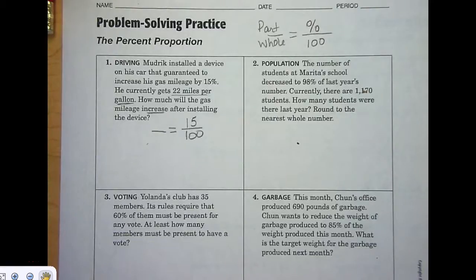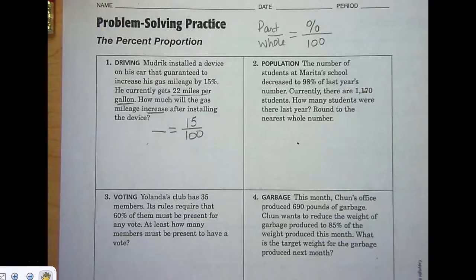Give it a try. The whole is the 22, and we're going to increase. Part of that 22 is going to be an increase, right? The increase can't be the whole amount of gas mileage he gets.